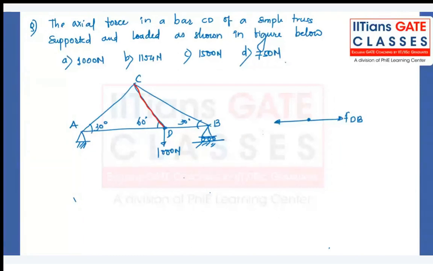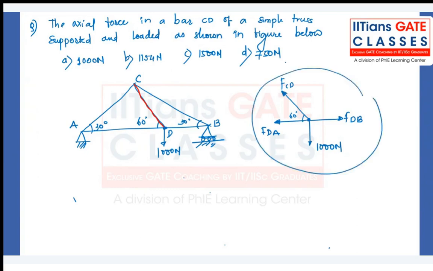And then we have 1000 Newton force downward, and then at 60 degrees we have FCD. Is it clear till this? Are you following how I have drawn the free body diagram of joint D? This is the free body diagram of joint D.